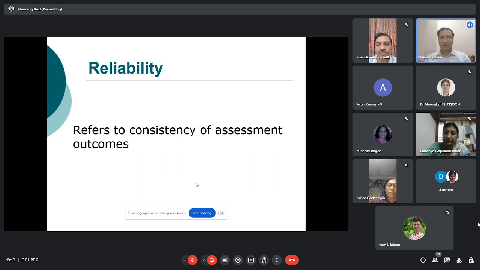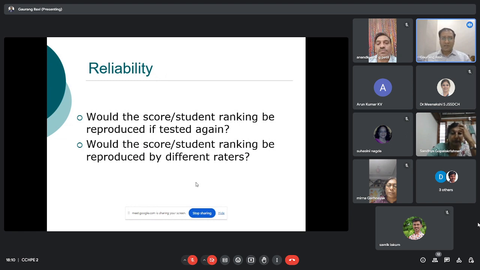So with that, what is this concept of reliability? Would the score or the student's ranking be reproduced if the student is tested again? And second, would the score or the student rankings be reproduced if they are tested by different raters?